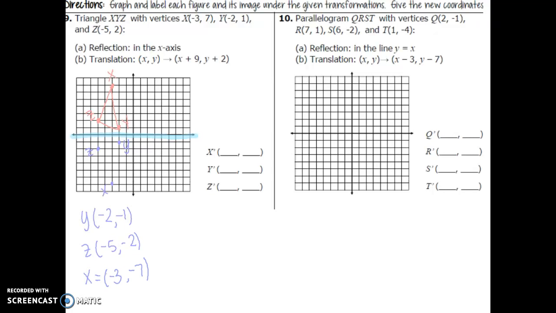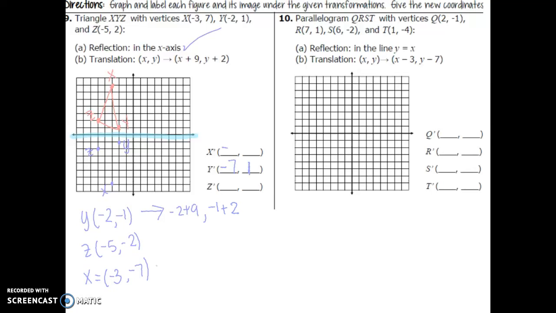Now using these new coordinates, I have to apply my rule. So we're done with the reflection. Now let's add. For my x, I would add 9. So negative 2 plus 9, that's our y, so that will be 7. And then negative 1, we have to add 2, that would be 1.